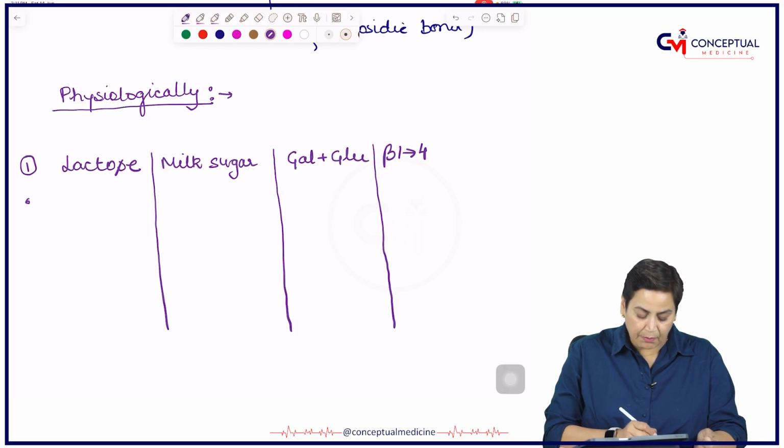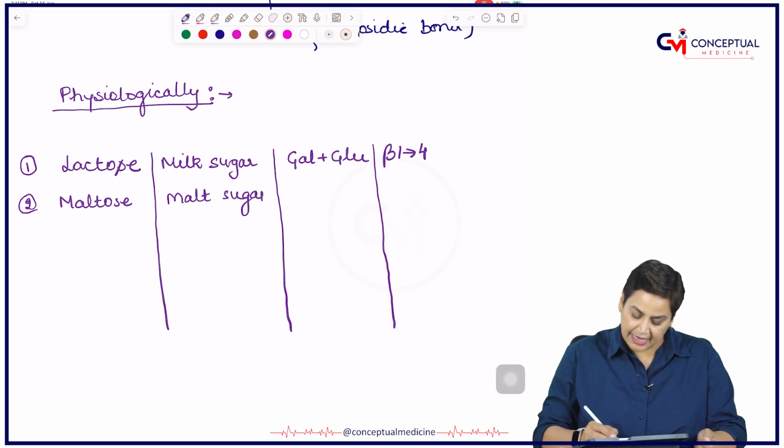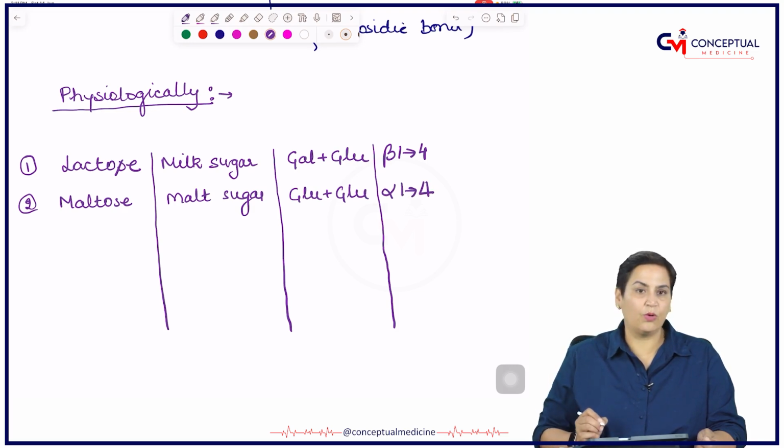Second is maltose, which is also known as malt sugar. If we talk about the components, it has glucose plus glucose, and both are in alpha form. So the linkage is alpha 1,4.